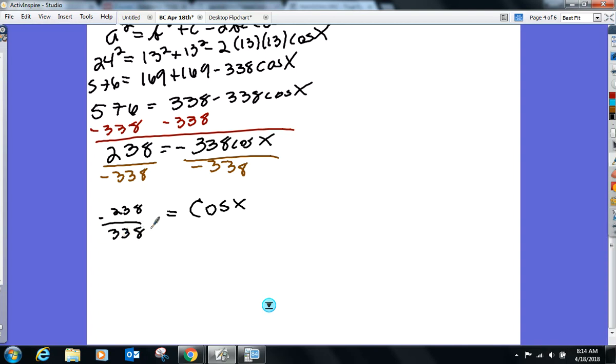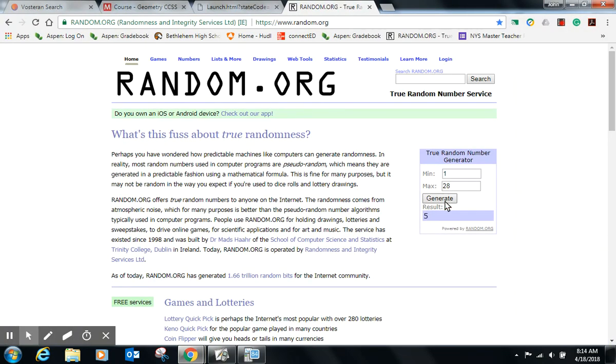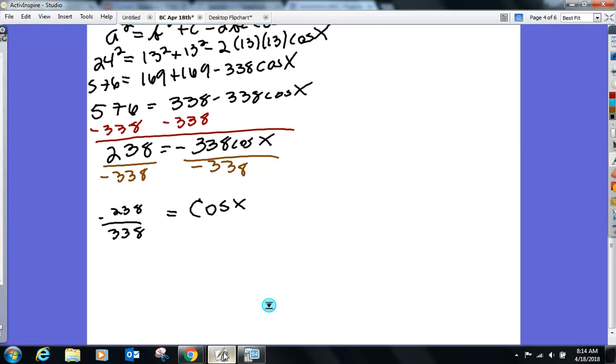That's not my angle though. One last step to find the actual angle. What did I do with that fraction or decimal? Darn right. Nice job. X is equal to the inverse cosine of that decimal, or fraction, however you left it.